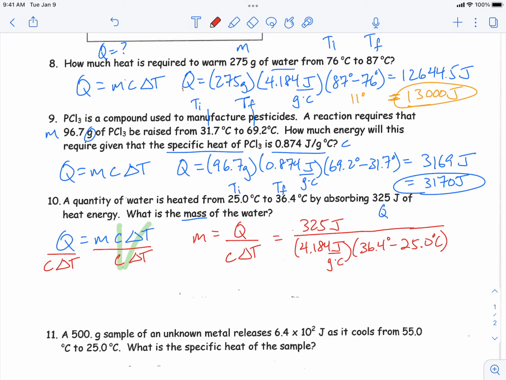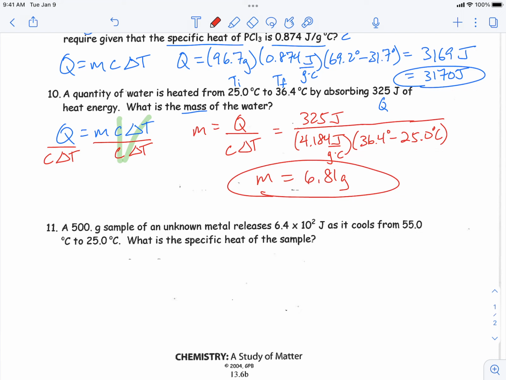So 325 divided by 4.184 divided by the quantity 36.4 minus 25, and the mass is going to be 6.81. All right. And again, that's 3 sig figs from this value here. When we subtract this, we would get like 11.4. That's 3 sig figs as well. So that's our final answer. All right.